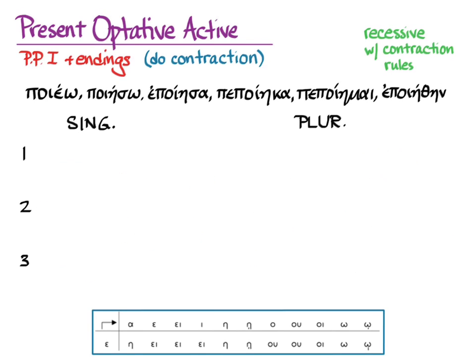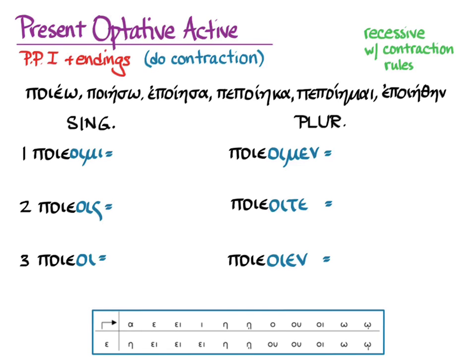So when we do that with the actual verb, there are our stems, there are the endings that we used to know, and here's how they contract.